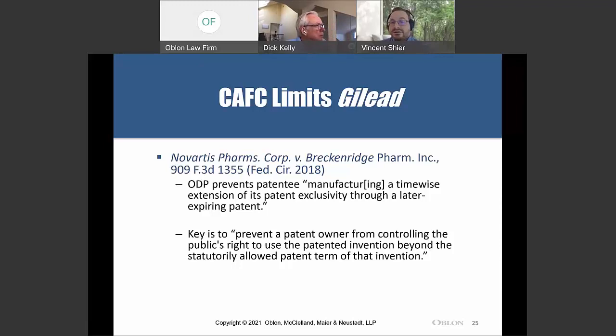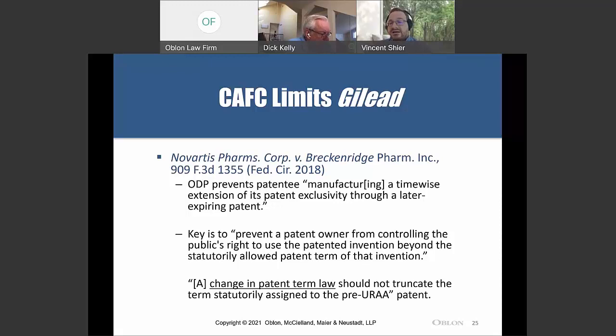But the court, looking at these objectives and also looking at what Gilead and AbbVie scenarios were with the gamesmanship that was being played and playing games with the priority claims to stagger the ultimate resulting expiration. And none of that was present in Breckenridge.